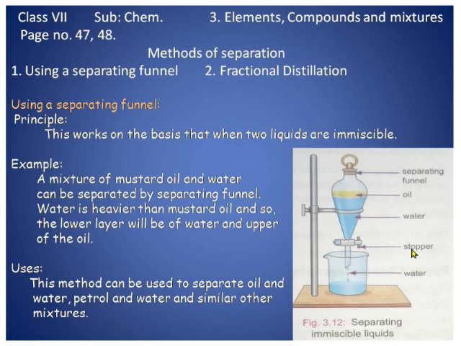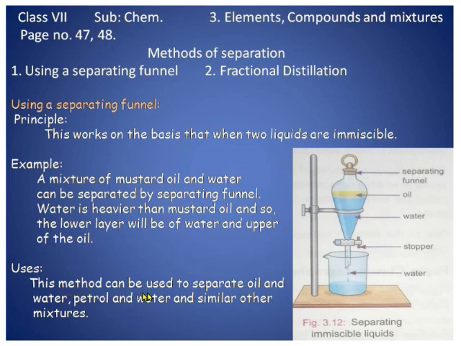We will keep the stopper open until all the water has dripped in this beaker. The oil will be left in the separating funnel and water will get separated in the beaker. In this manner, the separating funnel is used to separate two liquids when they are immiscible with each other.